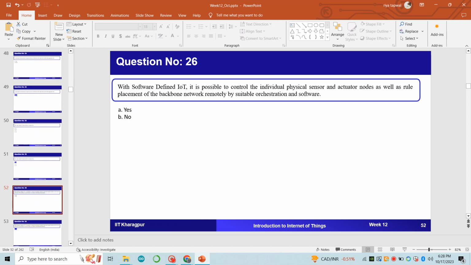Next question is, with software defined IoT, it is possible to control the individual physical sensor and actuator nodes as well as rule placement of the backbone network remotely by suitable orchestration and software. Yes or no? Yes, ma'am. Yes, true. Okay, anyone else?